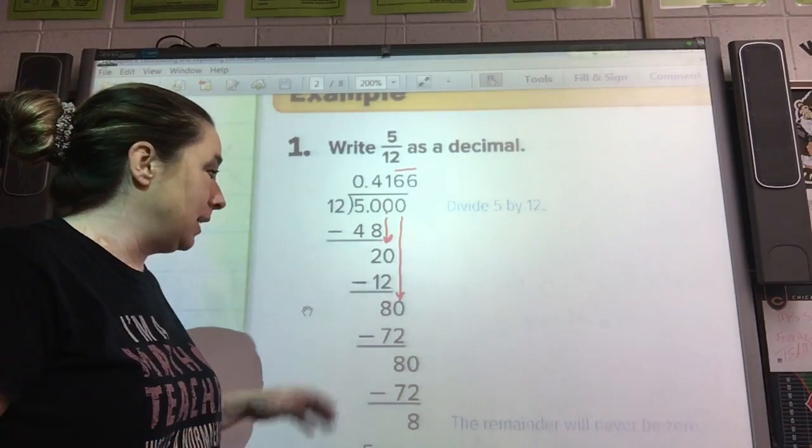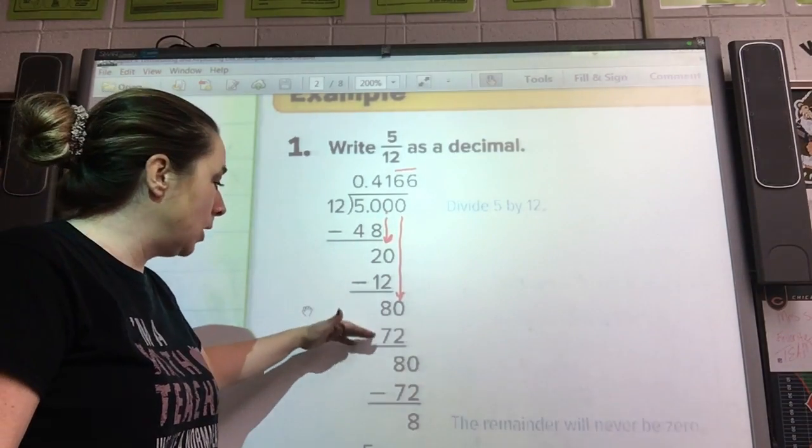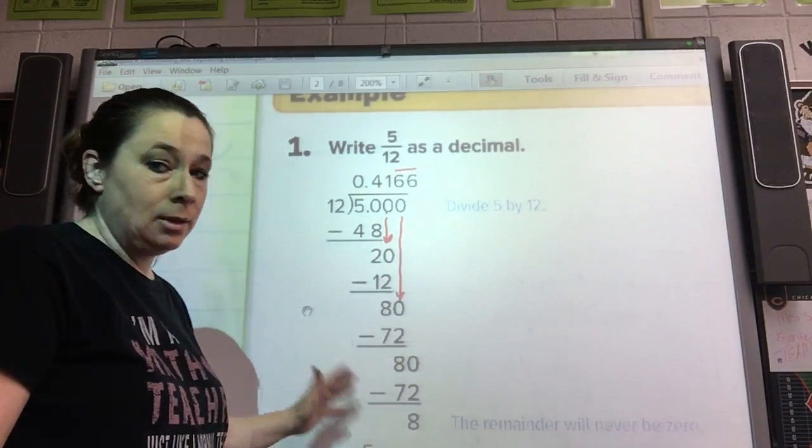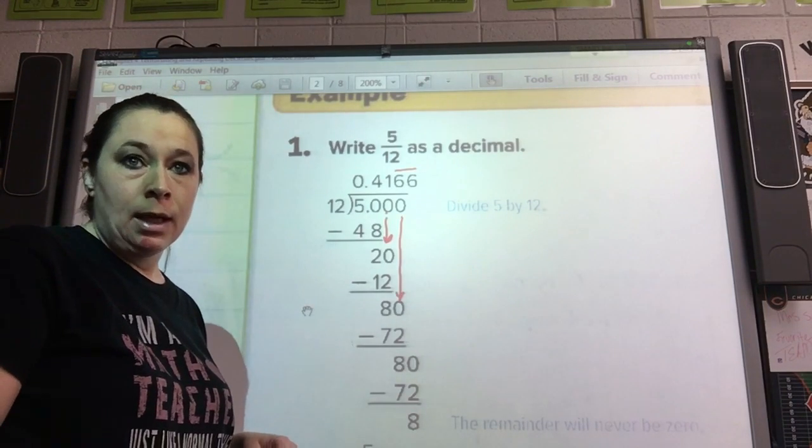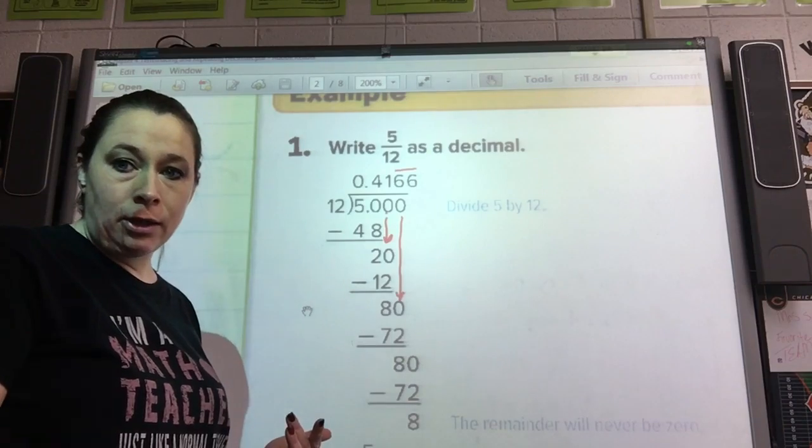Okay? So, yes, long division is hard, but once you get to a point, if it keeps repeating, then you know it's a repeating decimal, just put the bar over the top, and you're done. And it's going to be the same thing if you use a calculator.